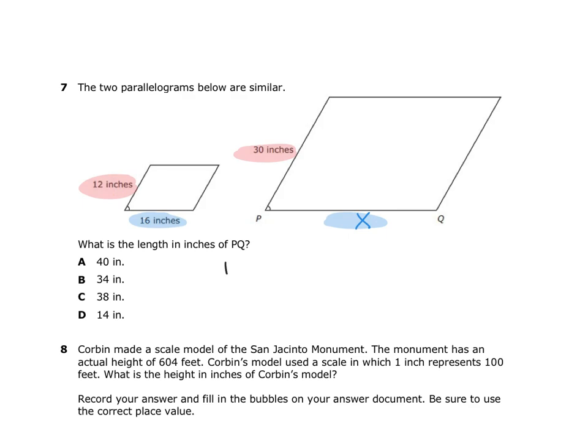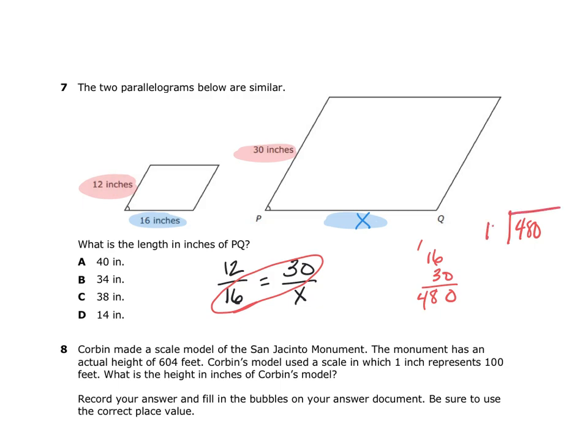I'm going to set it up as 12 over 16 equals 30 over X. Now I cross multiply. 16 times 30. That's 480. And then I'm going to do 480 divided by 12.